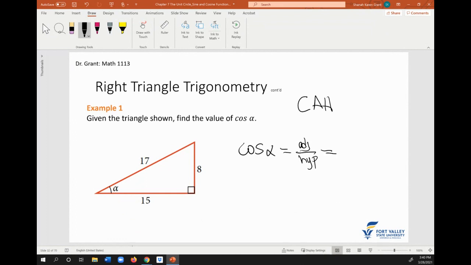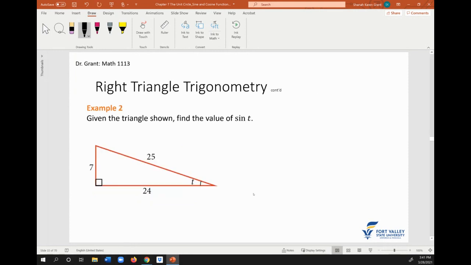And so what is my adjacent side? Again, my adjacent side is going to be the side that is right beside my angle. In this case, it's 15. And my hypotenuse is 17. So cosine of alpha is 15 over 17. And usually when we're doing these type of problems, you will keep your answers in fraction form. You will not give a numeric value.